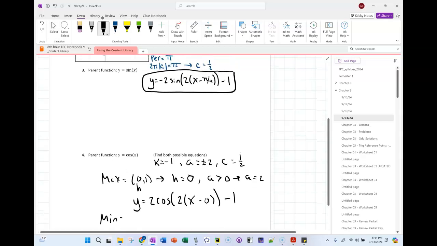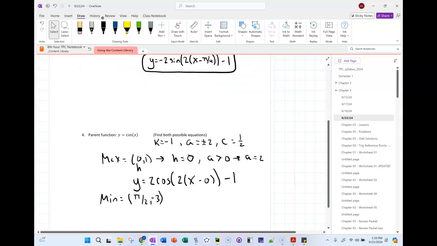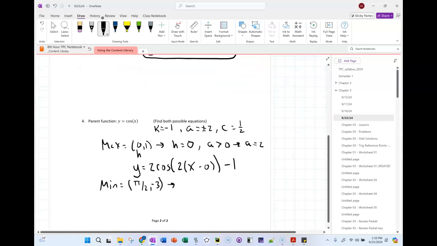Or if we use the minimum, that would tell me the h is pi over 2 and the a is negative. So my other possible answer would be that one.